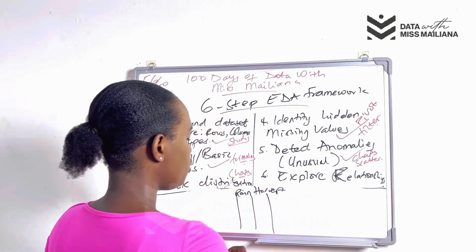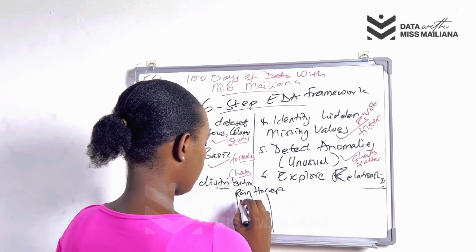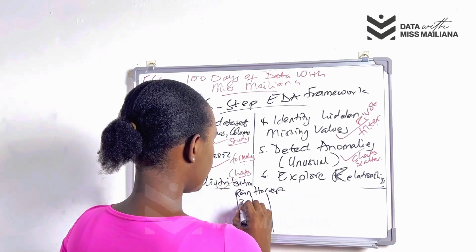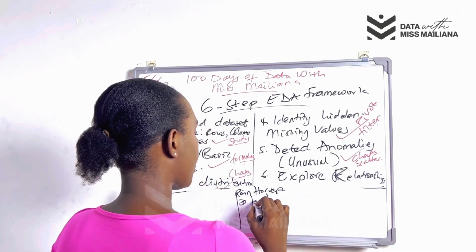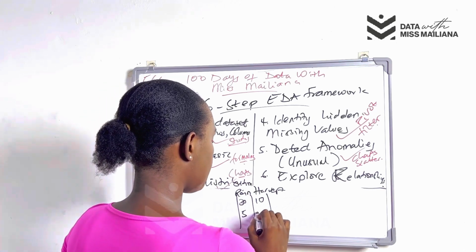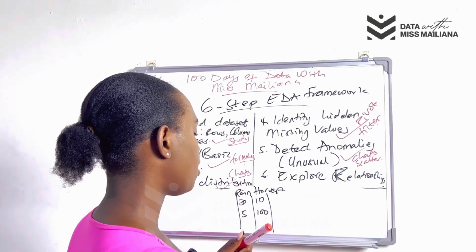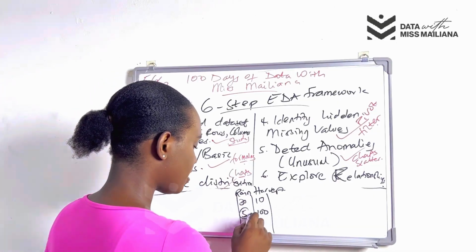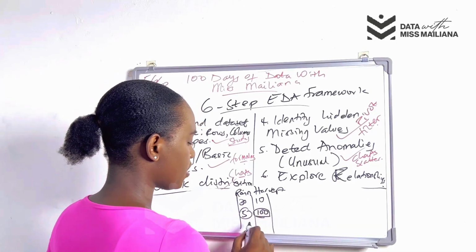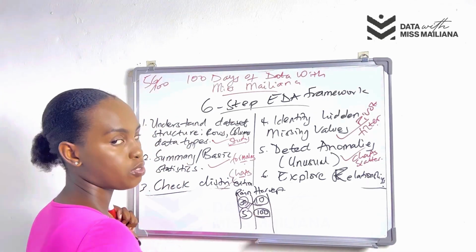So when rain falls, maybe rainfall for 30 days and harvest is 10, and rainfall for 5 days and harvest is maybe 100. Does that mean that if it rains less, we make more harvest? If it rains more, we make less harvest? So you are finding a relationship between them.